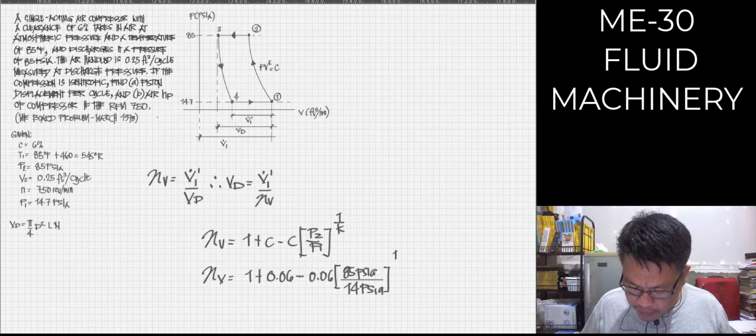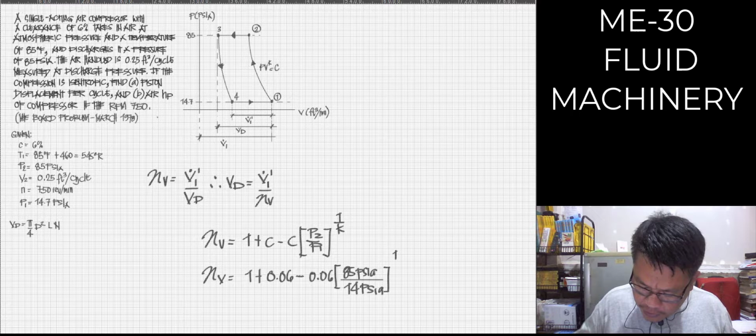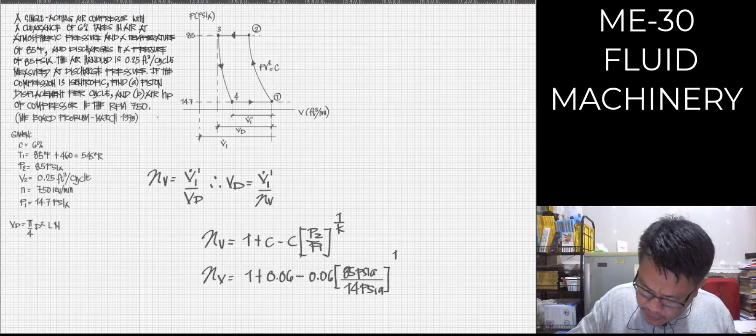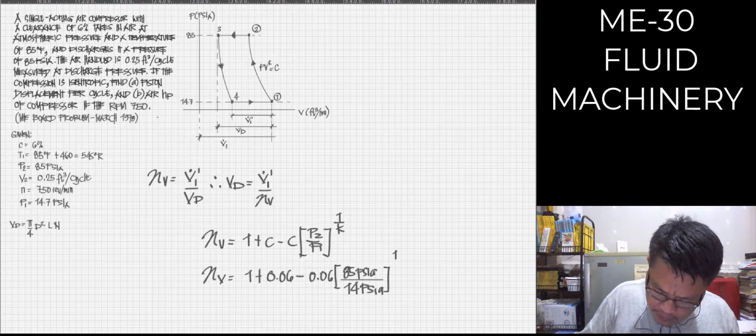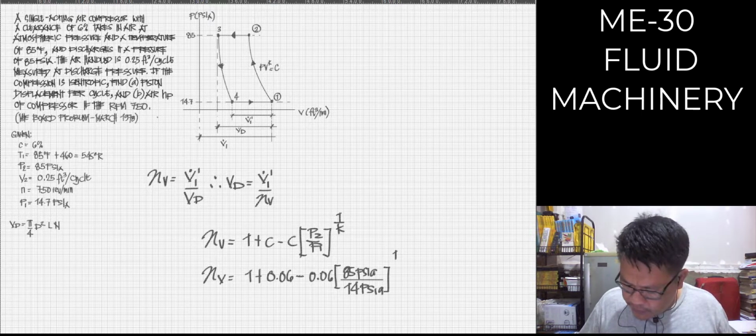So the K here in the problem, it does not specify, no? So that sometimes becomes a problem. So you must also memorize the value of K. So this is air. So usually the standard K of air for an isentropic process, if it is not given in the problem, you can immediately substitute 1.4.